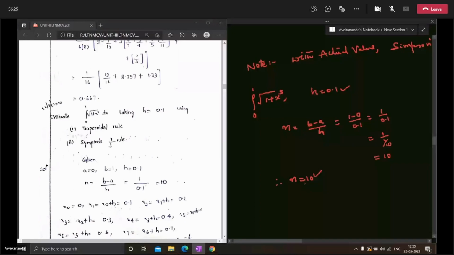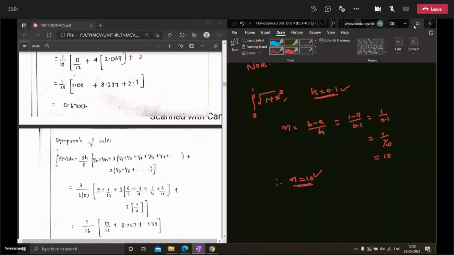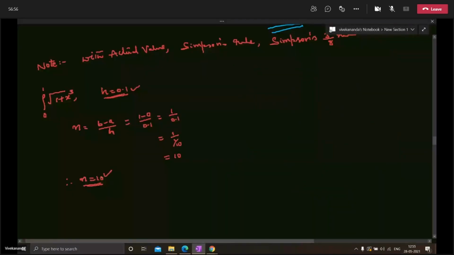Here we have to take the number of subintervals as 10, because h is given as 0.1. They have provided it in the problem. So we got the number of intervals as 10. For this, which rule can you apply? Which rules can we apply? n is 10. Can we apply the trapezoidal rule for this?